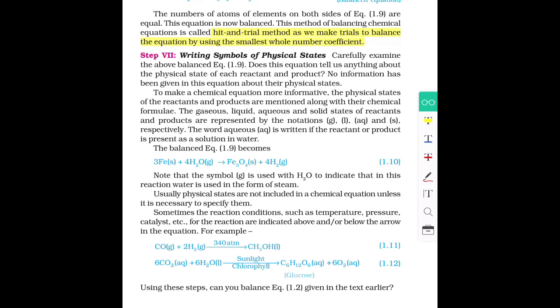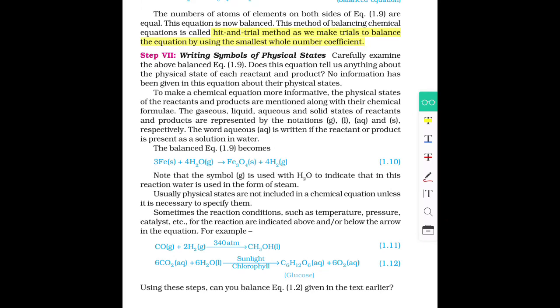The gas, liquid, aqueous and solid states of reactants and products are represented by the notations (g), (l), (aq) and (s) respectively. The word aqueous (aq) is written if the reactant or product is present as a solution in water.